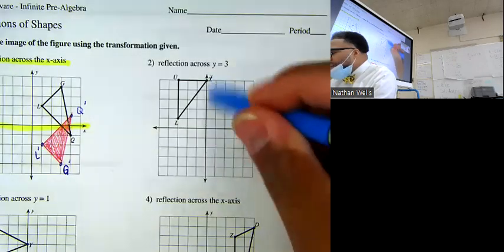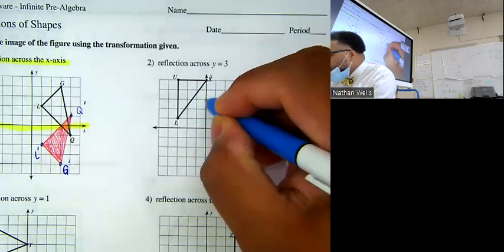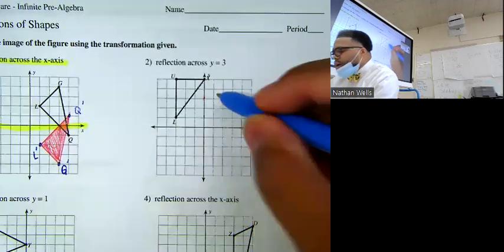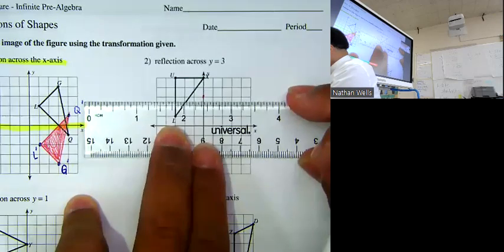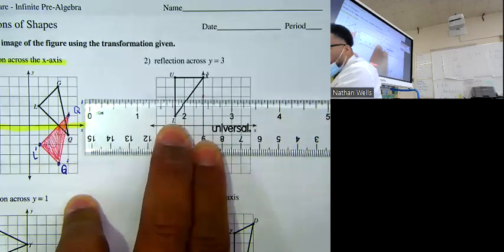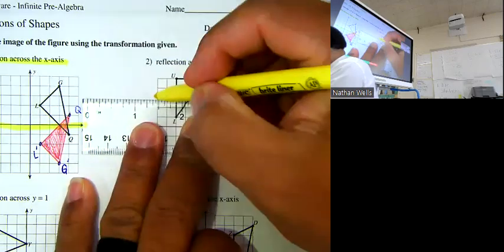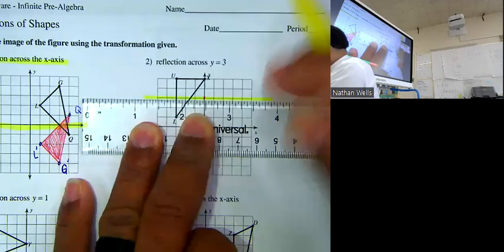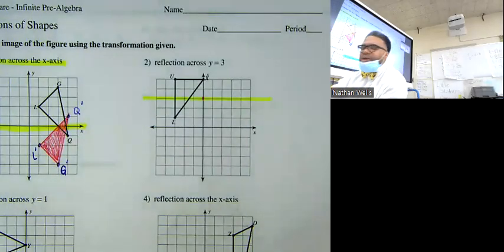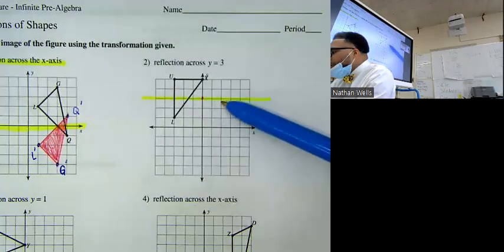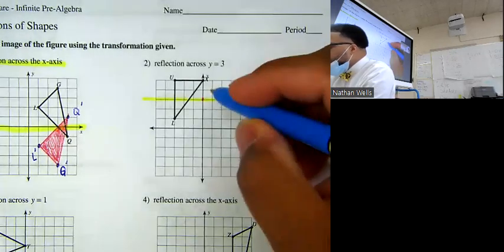If I find the y-axis and I count up to 3, 1, 2, 3, and I draw a horizontal line through 3, that is going to be the line that we reflect across, right there. That's where y is equal to 3. At every point on this line, y is equal to 3.